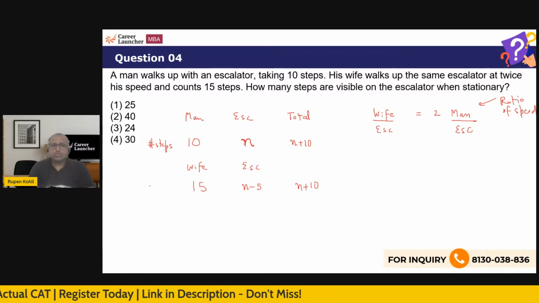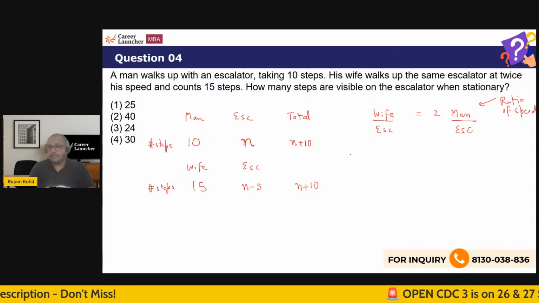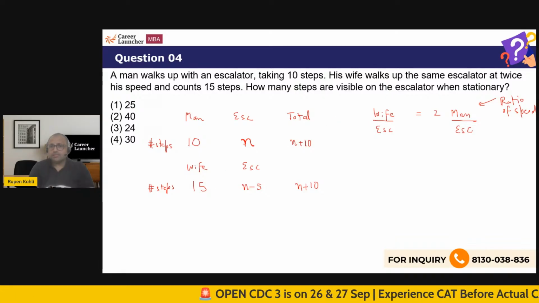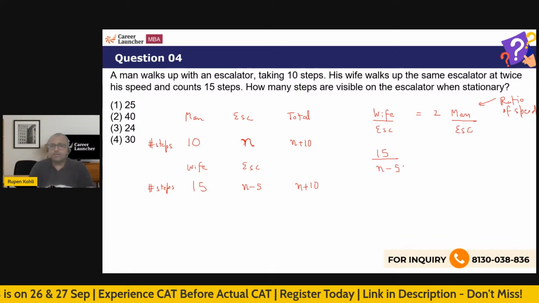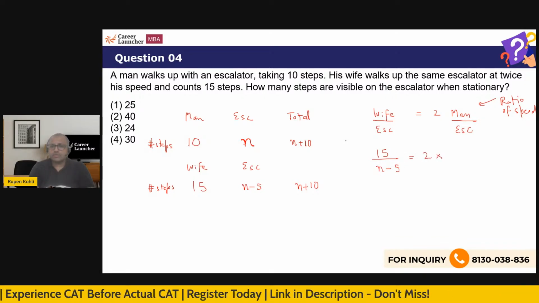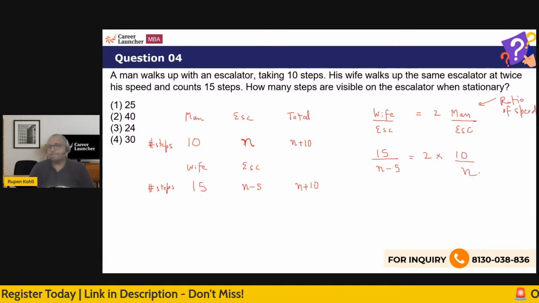The number of steps covered is in the same ratio as the ratio of the speeds. So the speed of the wife and escalator are in the ratio 15 is to n minus 5, which should be twice the ratio of the speed of man and escalator, which means 10 over n.